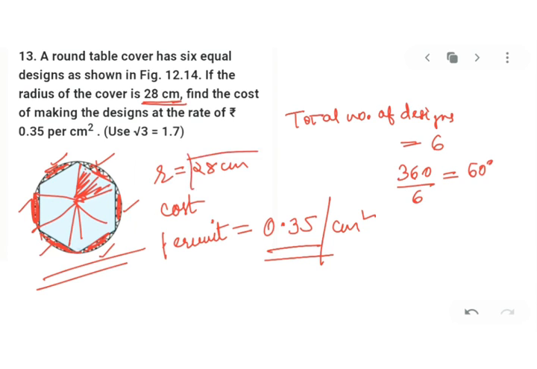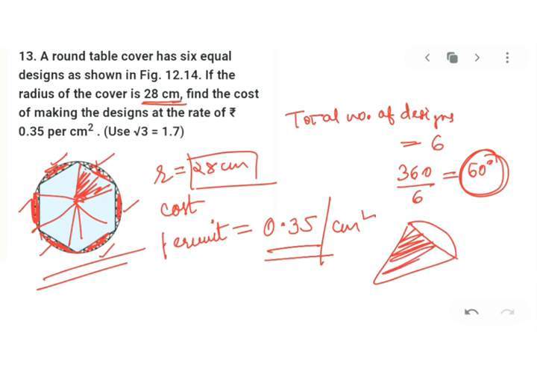So radius is in your hand, each central angle is in your hand. So first find one sector area. After finding one sector area, subtract the triangle from it. So what will be remaining will be the designing part of your cover, table cover. Getting my point?